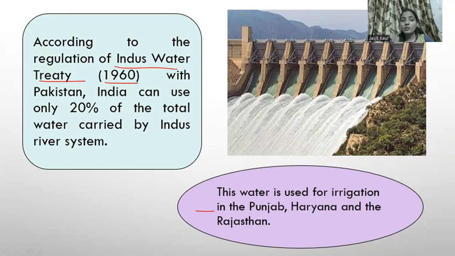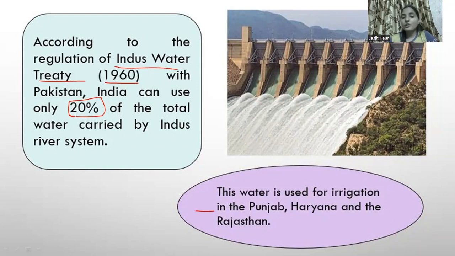The treaty says that India can use only 20% of the total water carried by the Indus River system, and the rest of the water is used by Pakistan. So this is the treaty that was signed in 1960.